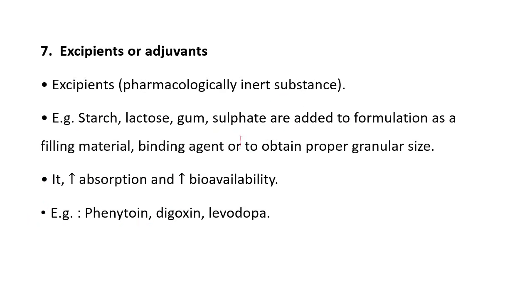Next is excipient or adjuvants. Excipients are pharmacologically inert substances like starch, lactose, gum, sulfate, which are added to the formulation as binding agents. It increases absorption and increases bioavailability.